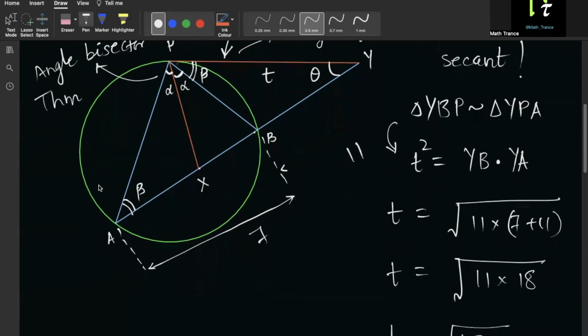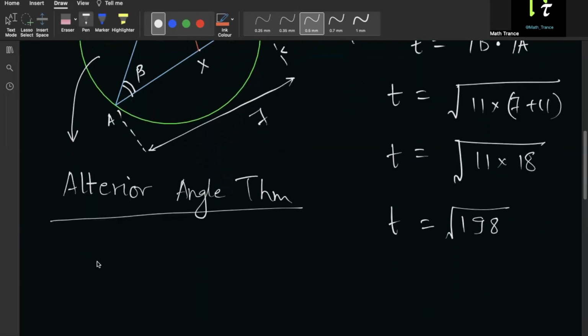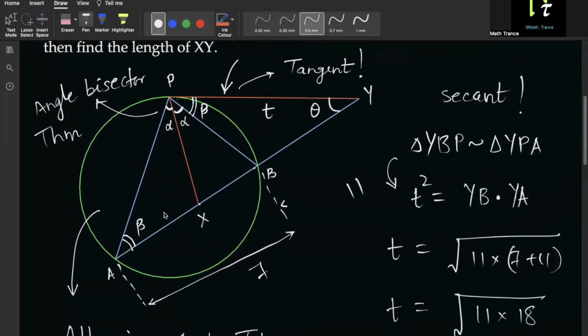I think it is known as the alternate segment theorem, something like that. It just states that if you have a tangent, then this angle will be equal to any angle which is subtended in the opposite arc. So with this you get that this angle is also beta.